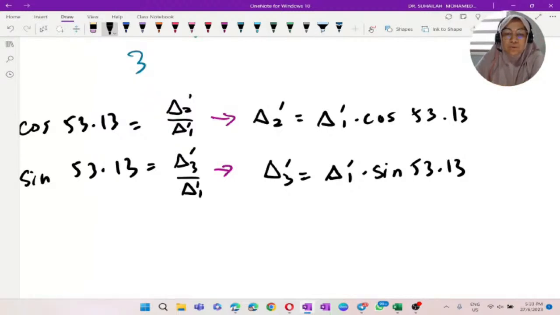Now we have changed delta 2 and delta 3 in terms of delta 1, so we substitute into the formula.